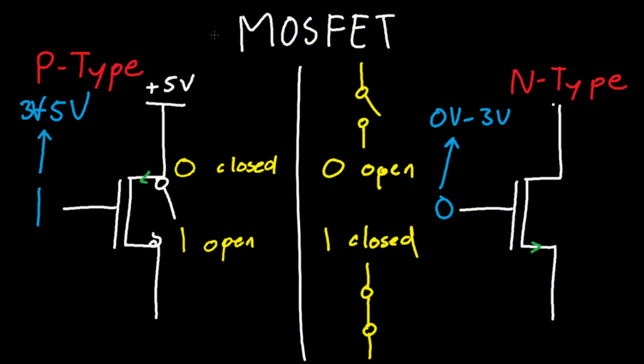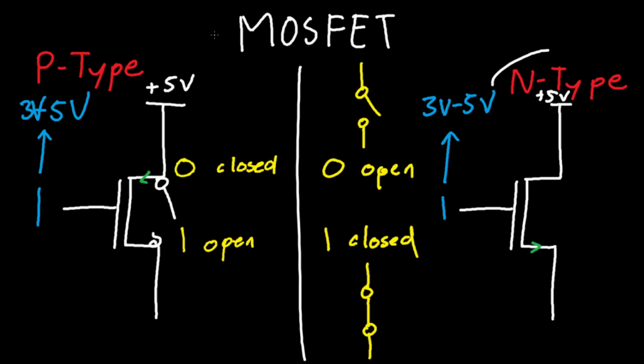And the same for the N-type, it might just have a positive 5 volts input here, right, from who knows where, and then the output would be, let's say this is a logic of 1 actually. The output would just be the voltage, or the current produced by the voltage. So 1 right here, let's say 1 means 3 volts to 5 volts.